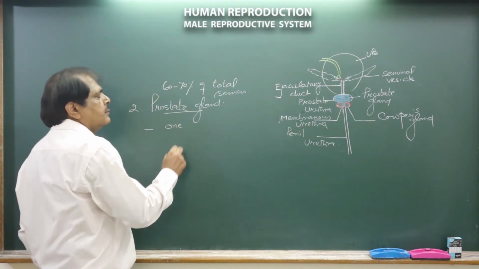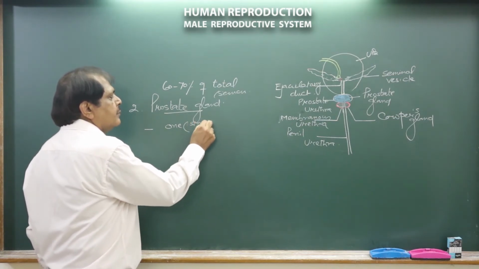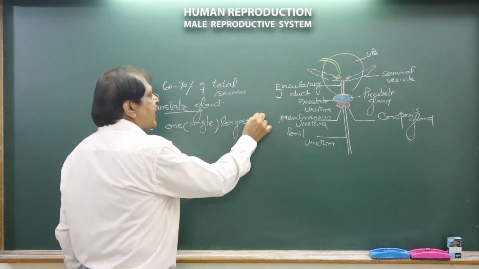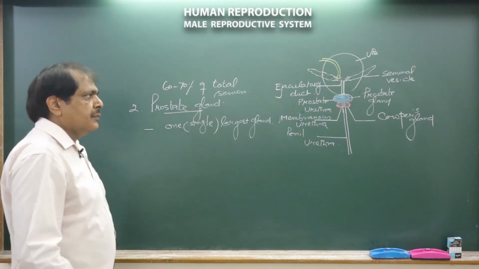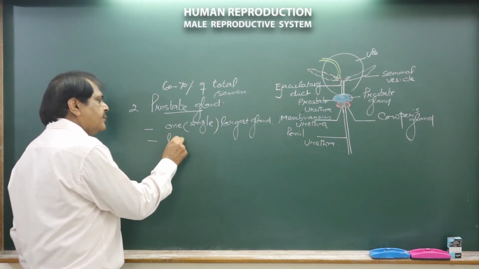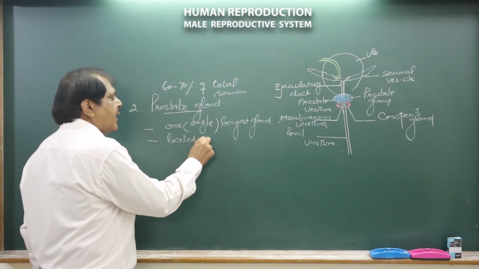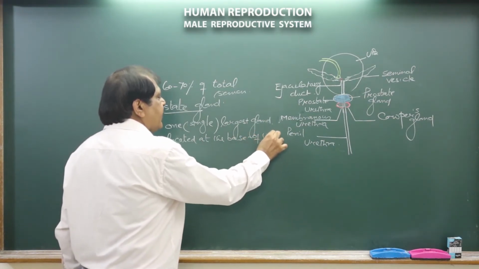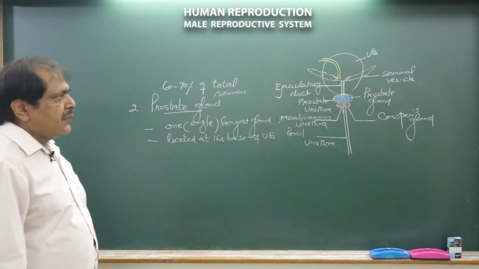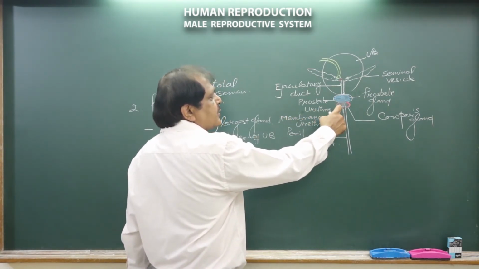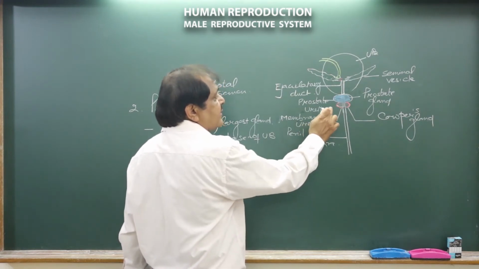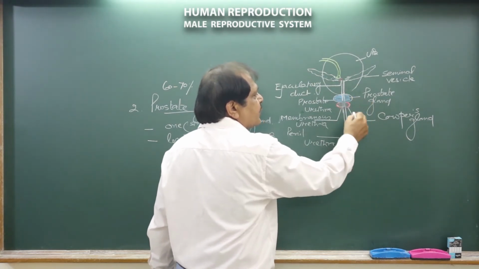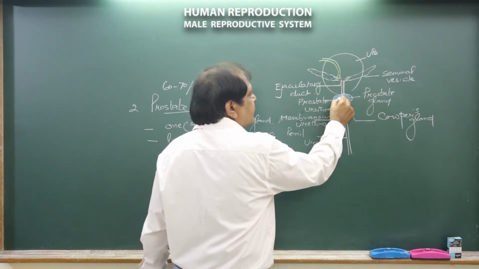One single largest accessory gland, located at the base of the urinary bladder, and it covers the prostatic urethra. This is the prostatic urethra that we made here.